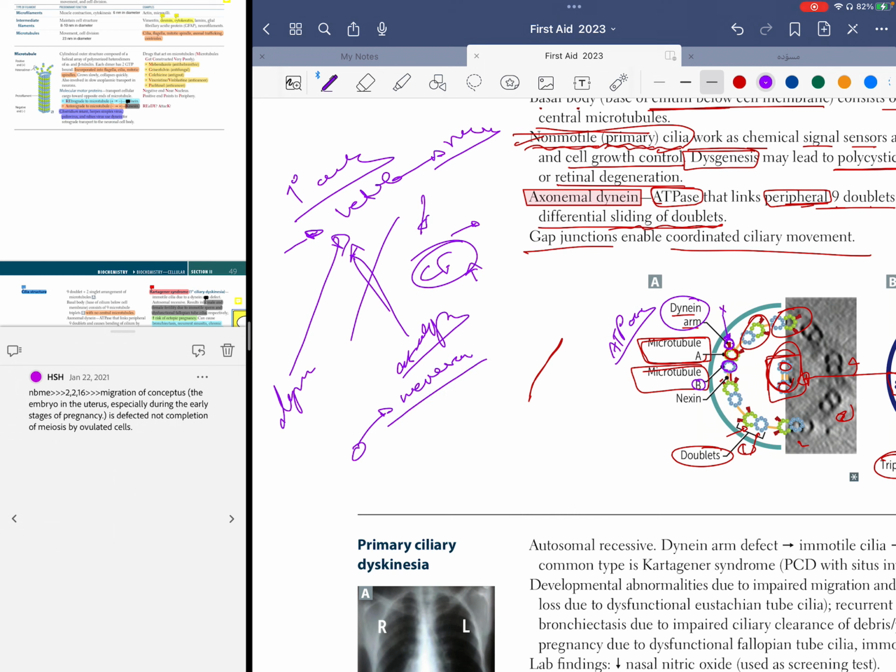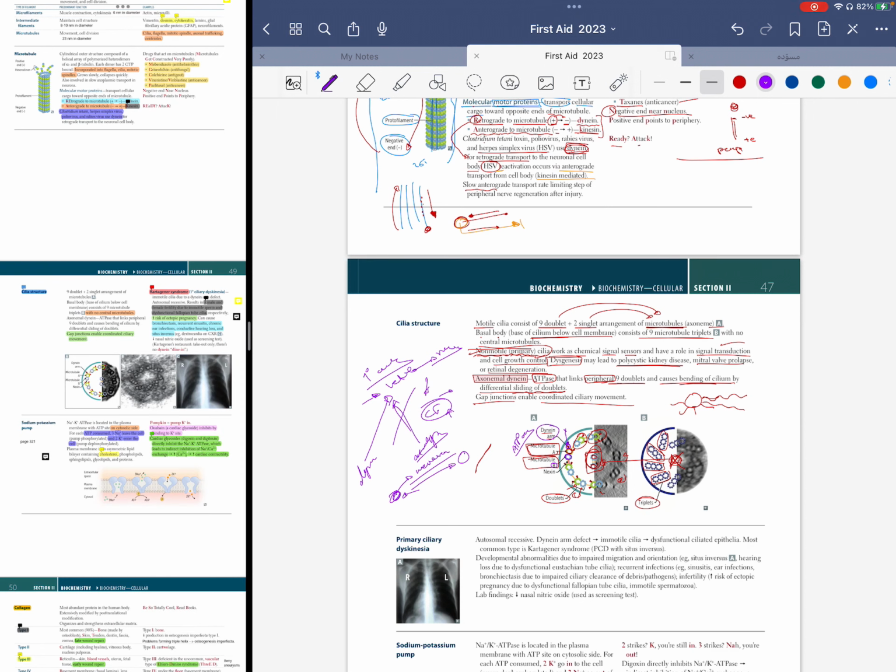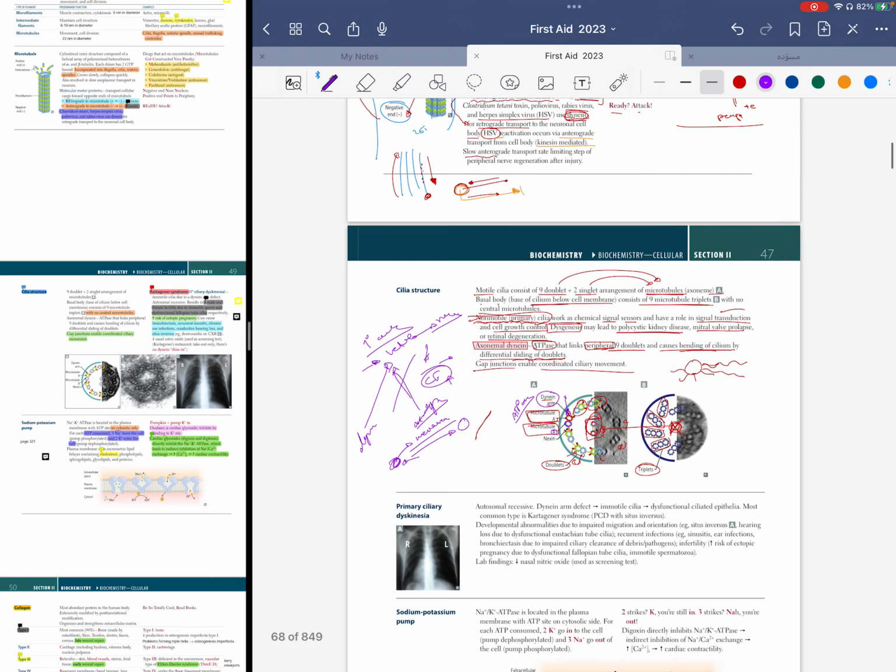And if we have a problem with the cilia, then we may have a problem with the migration of the conceptus, this cell after fertilization that needs to move out, stick to the uterine wall, and live there. And that's it for ciliary structure.